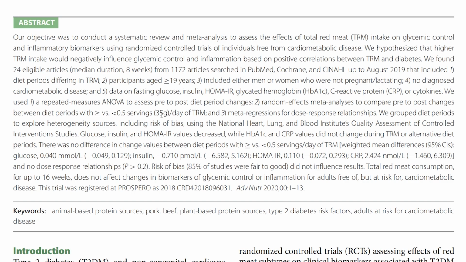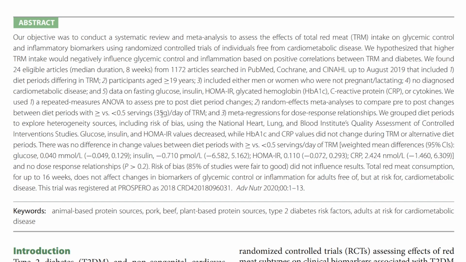That included 1. Diet periods differing in total red meat. 2. Participants aged equal to or more than 19 years. And 3. Included either men or women who were not pregnant or lactating. 4. No diagnosed cardiometabolic disease. And 5.